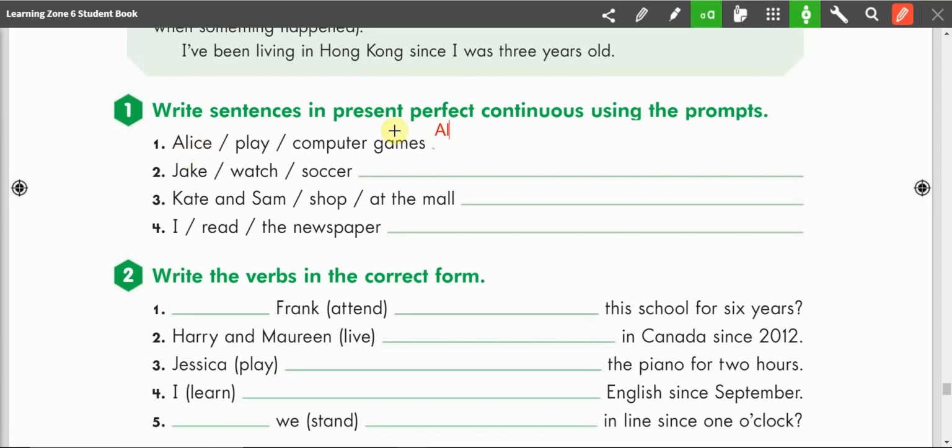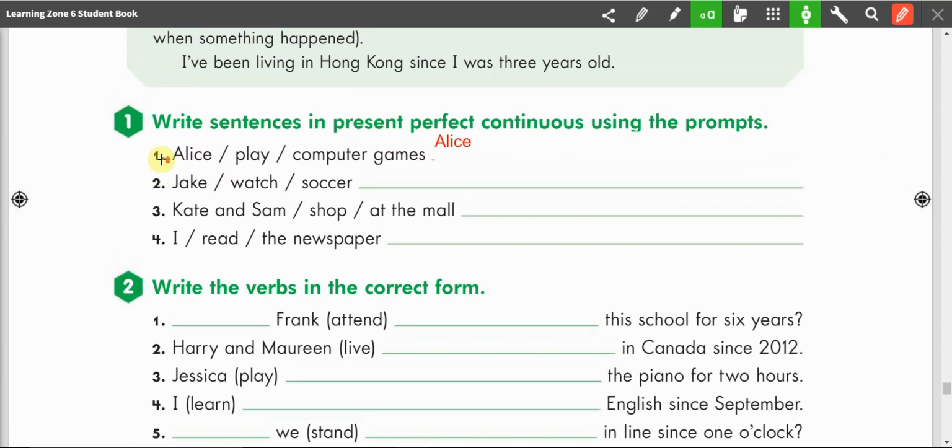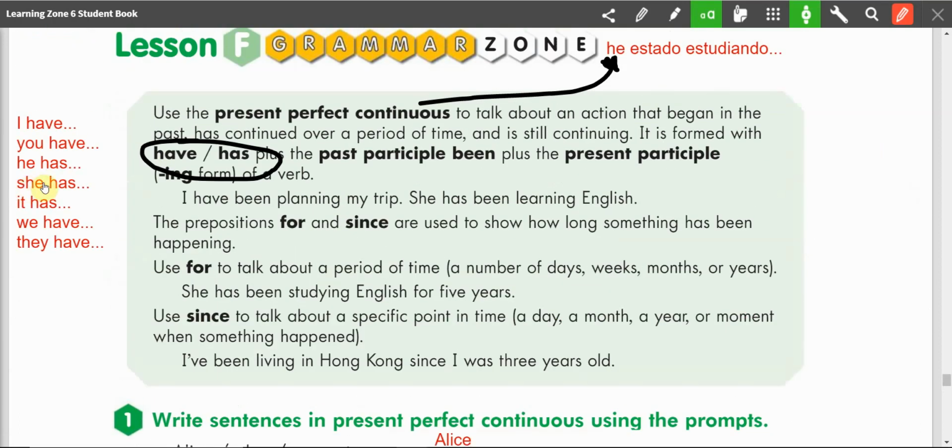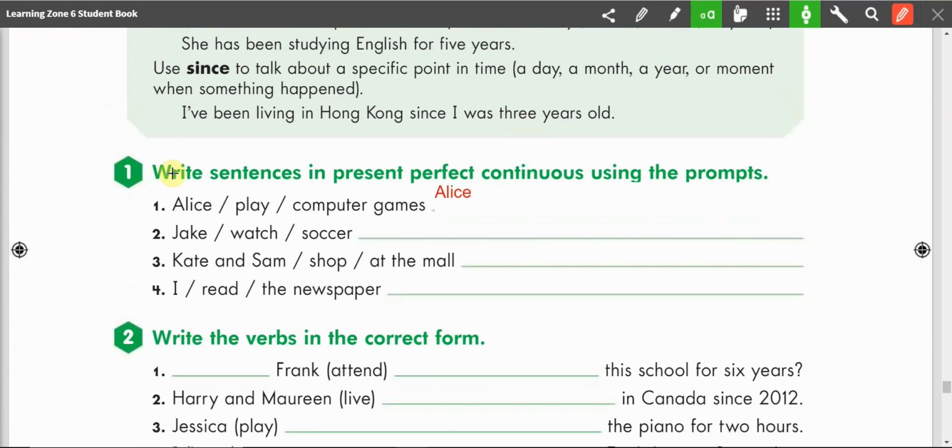Alice is the subject. Alice is she. So she, we need to use has. Alice has been, and then your verb is play. So playing computer games. There you go. That's your sentence. Easy peasy. Alice has been playing computer games.